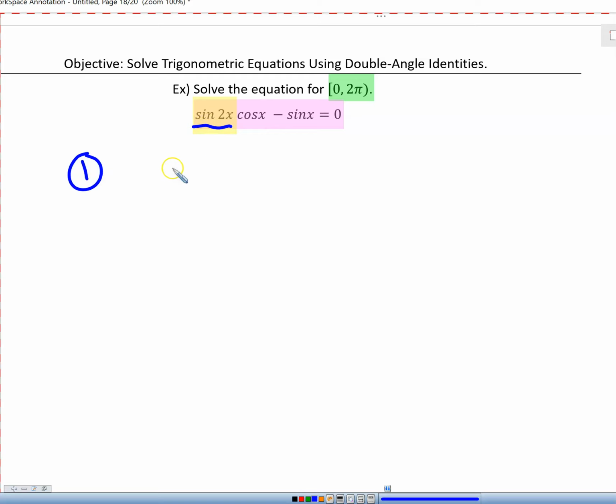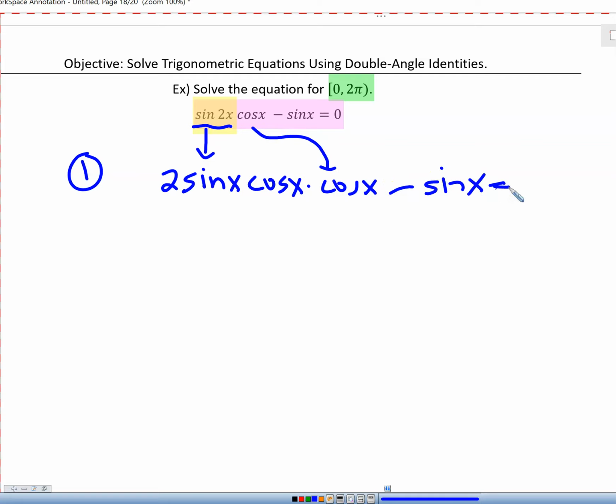So I would replace that with 2 sine x cosine x. And then it would be times cosine x minus sine x equals 0.